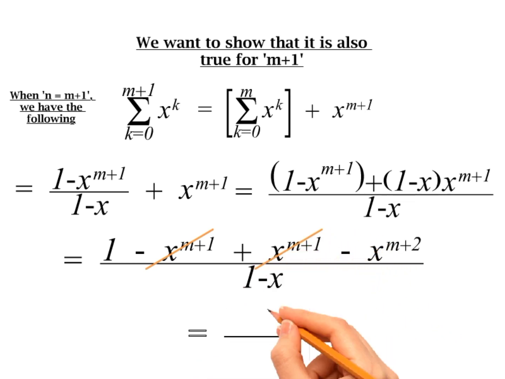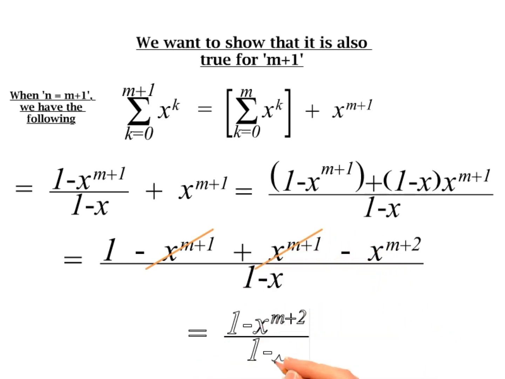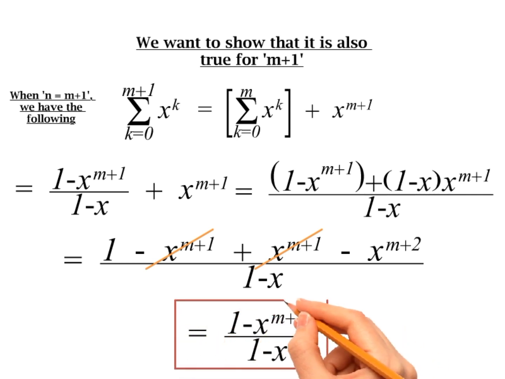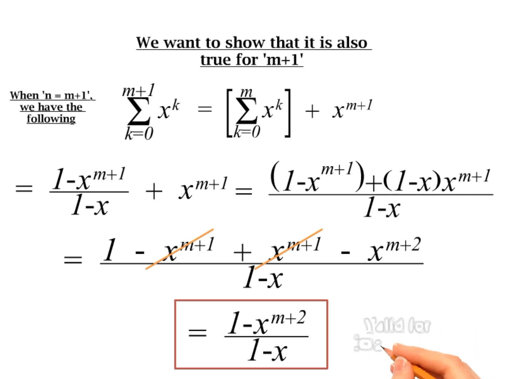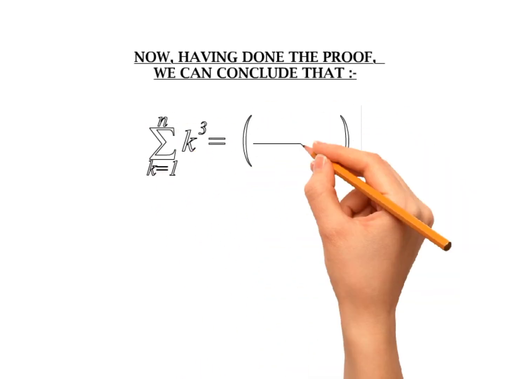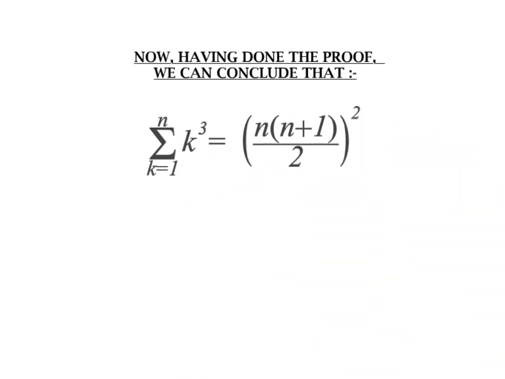And our result becomes (1 − x^(m+2))/(1 − x). This is the expected answer, since m increased by 1. Thus, the proof is complete by the principle of mathematical induction.